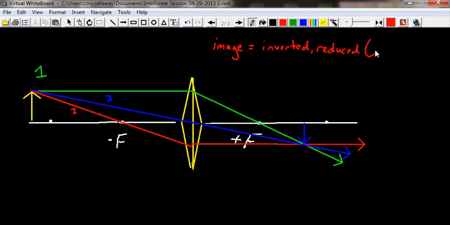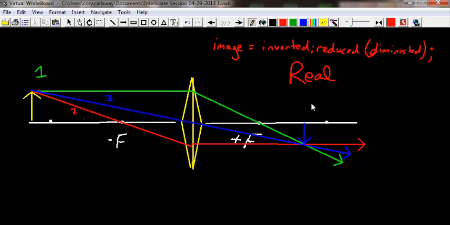Another word for that is diminished. Finally, the last thing that we notice is that it's in front of the lens, which is where it should be because light should be passing through. Because it's in front of the lens over here on this side, the positive focal point side, it is real. So real, reduced or diminished, inverted.